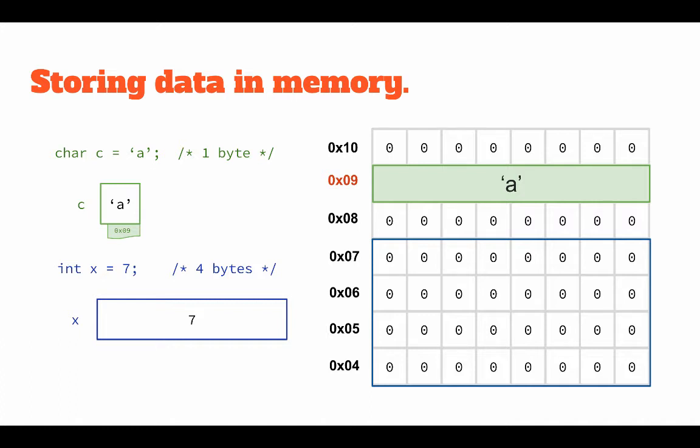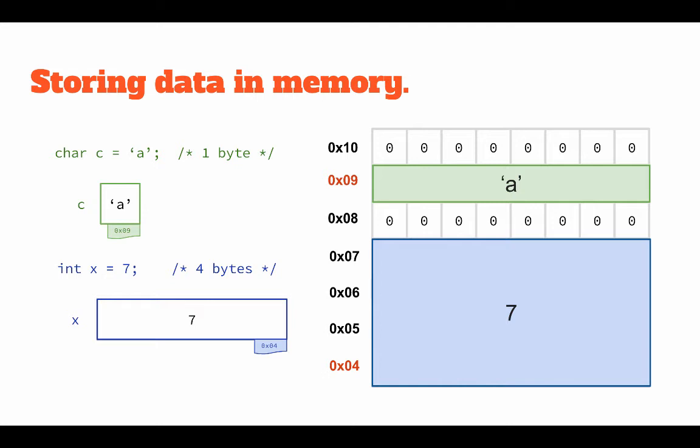It finds that slot, and once it finds that slot, it'll set all the bits in that memory that represent 7. And now the address of the first byte of that integer is going to be the address of my integer. So in this case, it's 0x04. And now we can just say that 7 is stored in address 0x04.